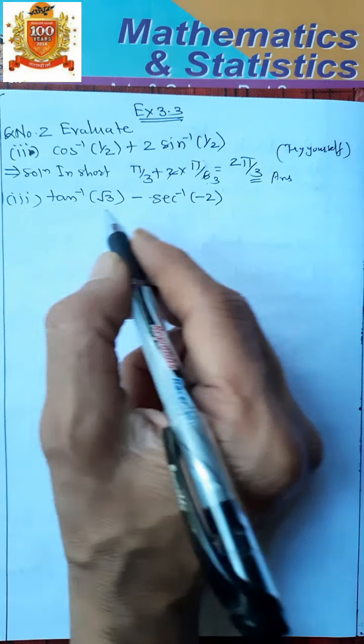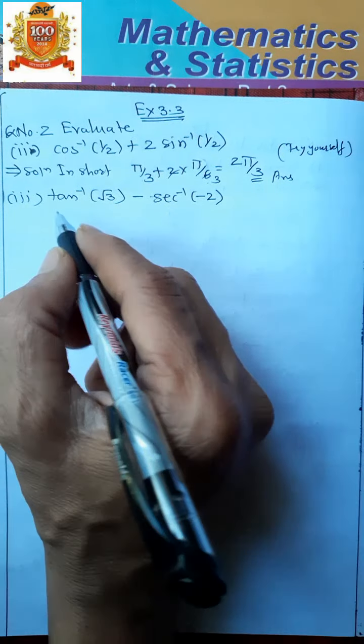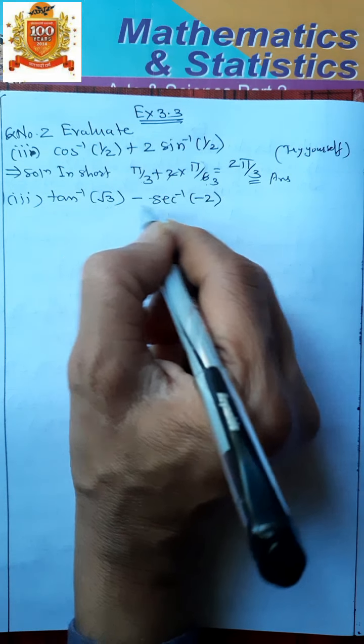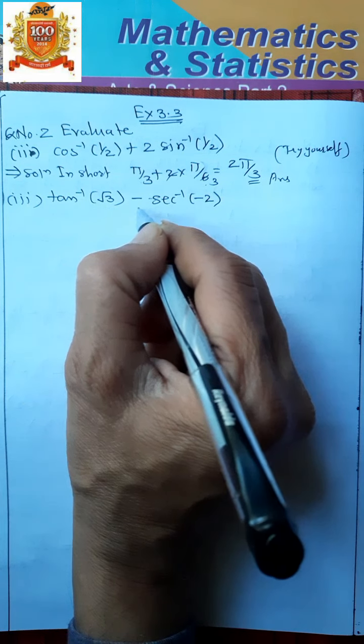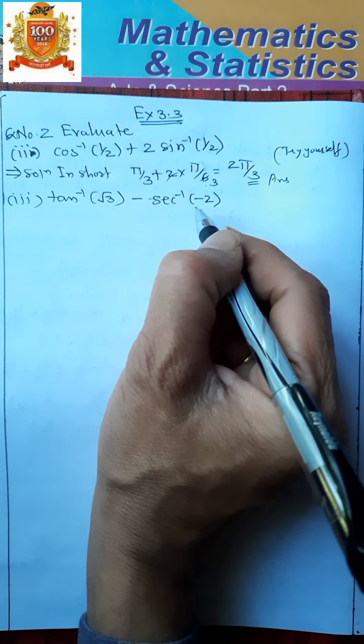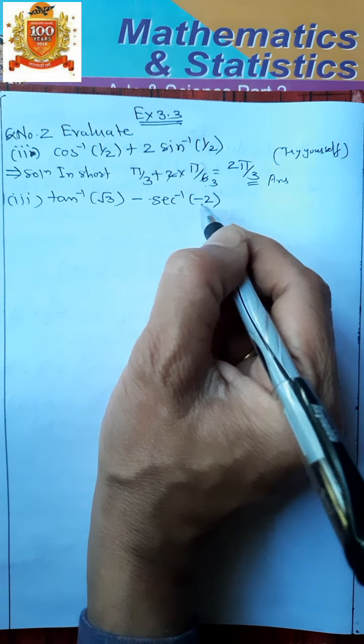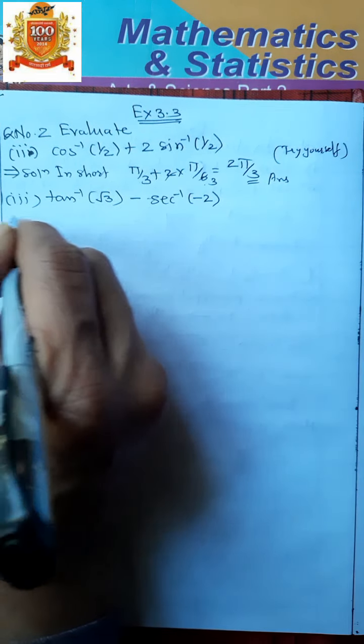Now the third question we will solve here. We have to find the value of tan inverse of root 3 minus sec inverse of minus 2. Solution.